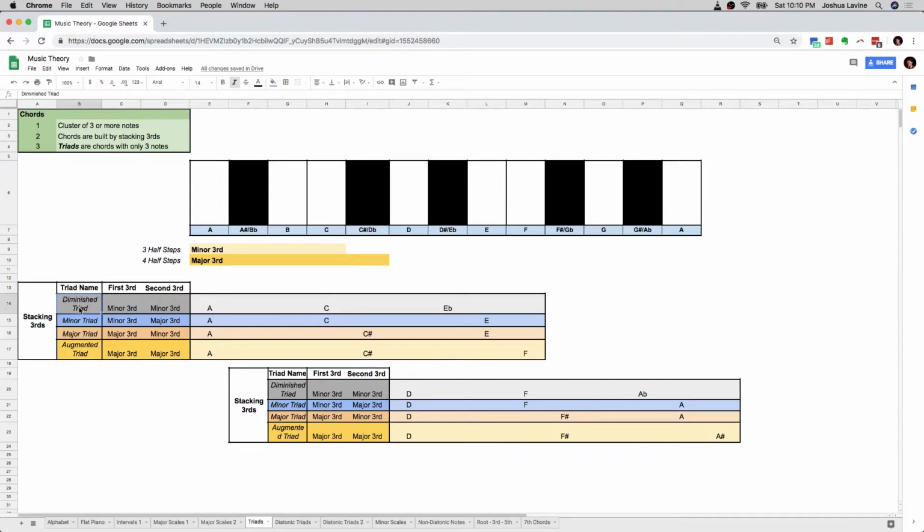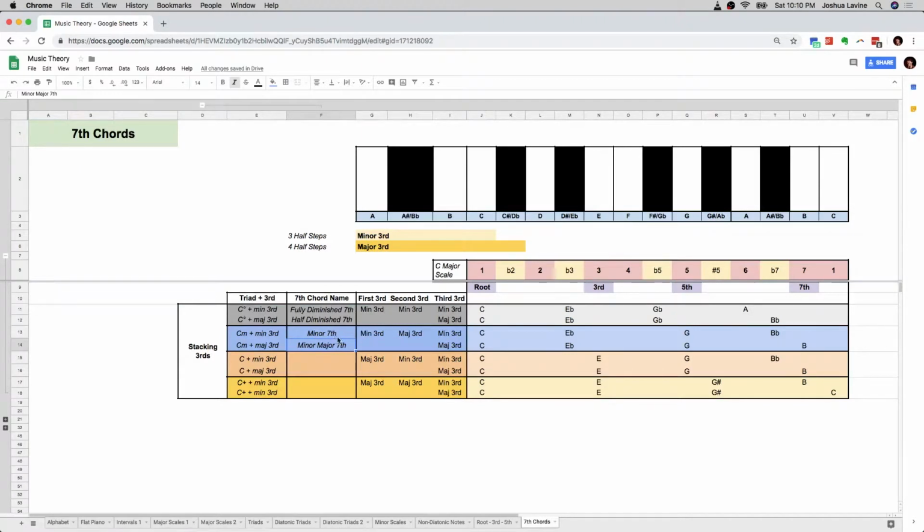Diminished triads are used sometimes, and augmented triads are probably the rarest of all of these four. The same is going to be true for the seventh chords, and it turns out that so far, minor seventh is used pretty often. Minor major seventh is really not used very often at all unless you're doing heavy jazz. Fully diminished seventh, those are pretty useful and they show up. Half diminished, those also show up.